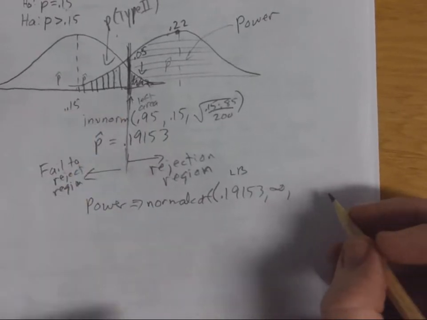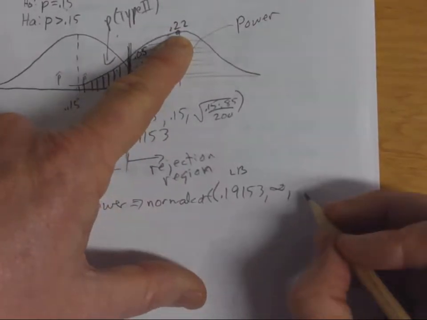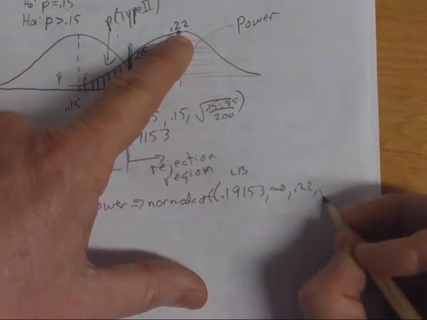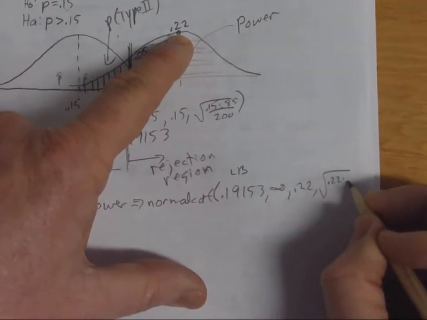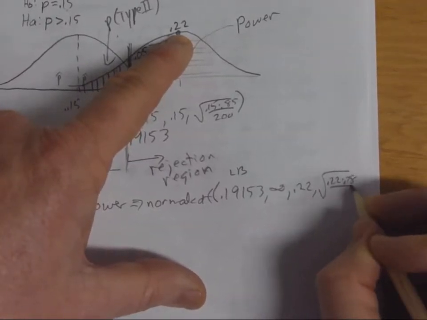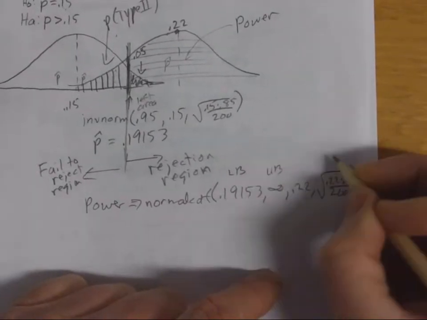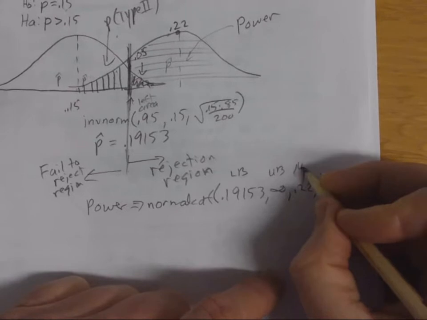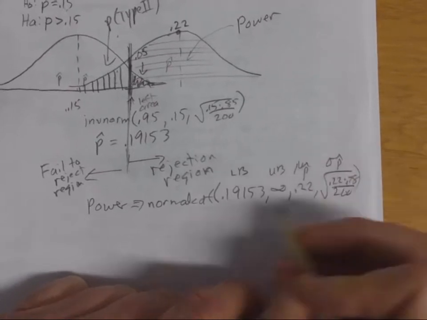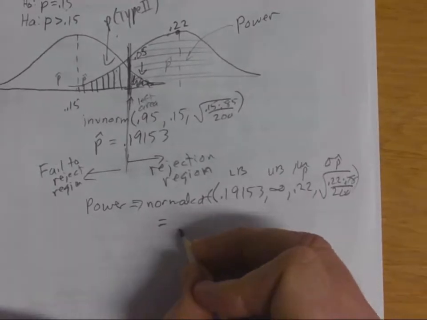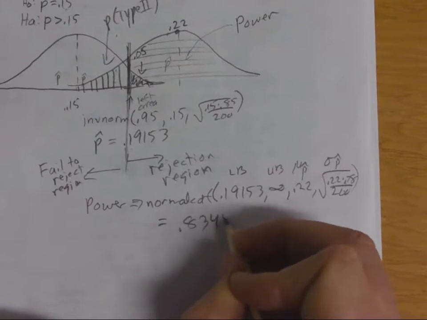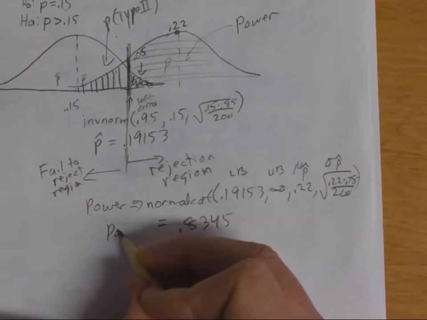Then my new mean, the mean of this curve, is 0.22, and the standard deviation is the square root of 0.22 times 1 minus that, which would be 0.78, over 200. That is the mean of my p-hats, and that is the standard deviation of my p-hats, properly labeling. And this is equal to 0.8345. That is my power.